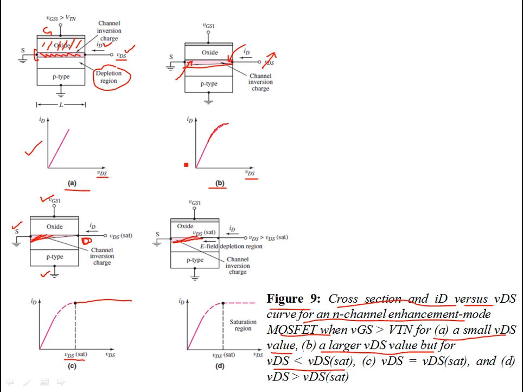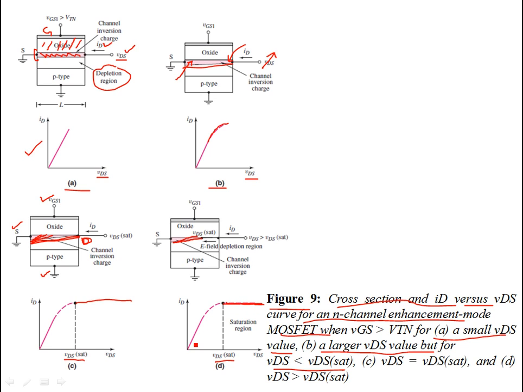But by increasing VDS, you should understand that you reverse bias the PN junction. Reverse biasing the PN junction introduces some gradient. The channel has a gradient cross-sectional width. So you're compromising the charge density at the drain terminal. Beyond this saturation region, VDS sat, in ideal MOSFETs it doesn't matter. You go on increasing, but since you have reverse biased the junction so much, the ID is no more increasing.